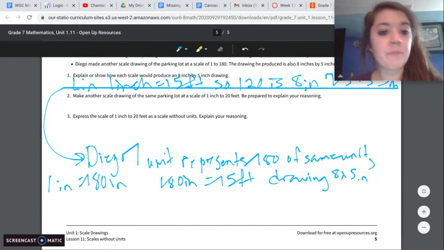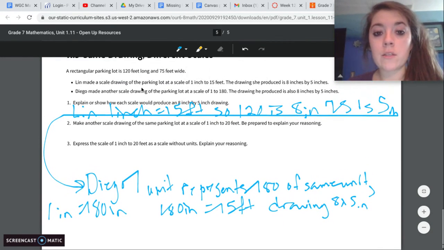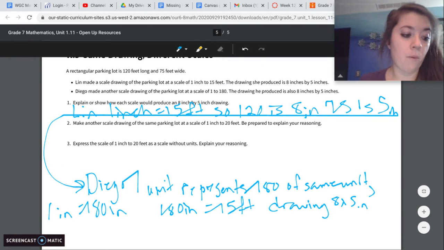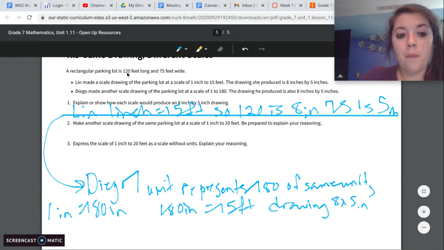And so that's how we know our drawing is 8 by 5 inches. Now for number 2, make another scale drawing of the same parking lot at a scale of 1 inch to 20 feet. The original for Lynn's was 1 inch to 15 feet. Now we're looking at 1 inch to 20 feet. How we solve this is we take our 120, because that's how many feet long our parking lot is.